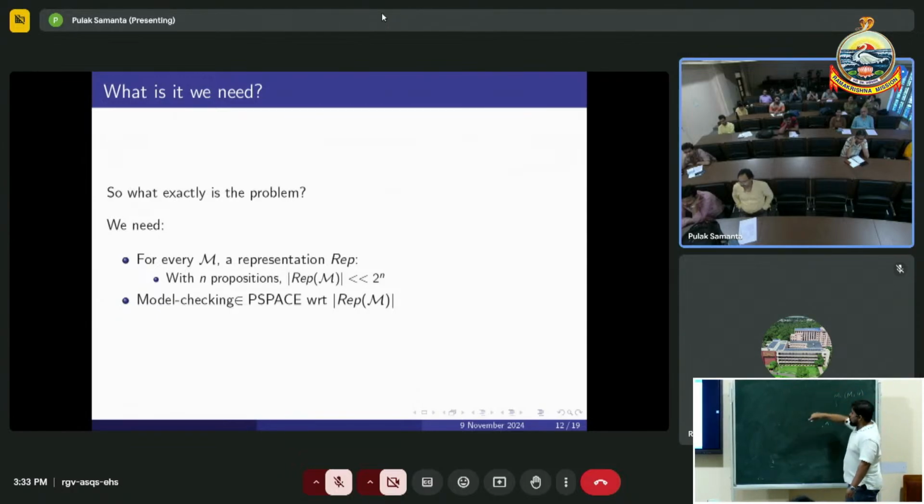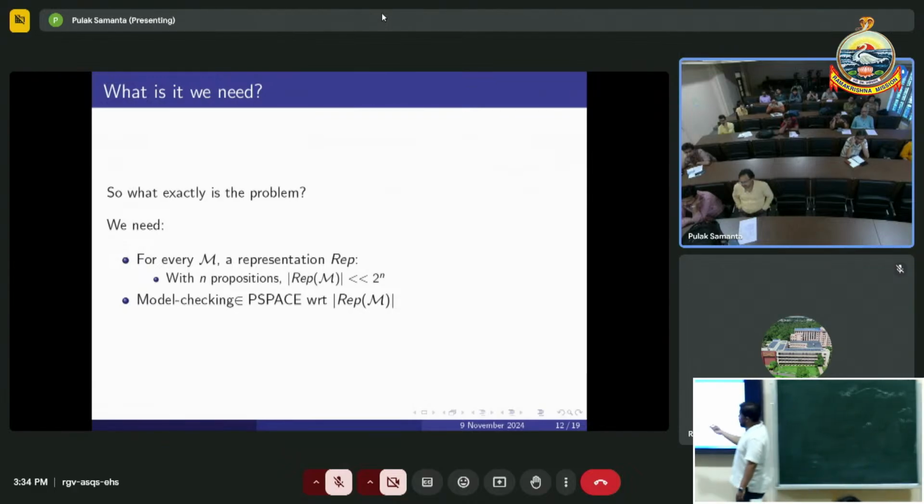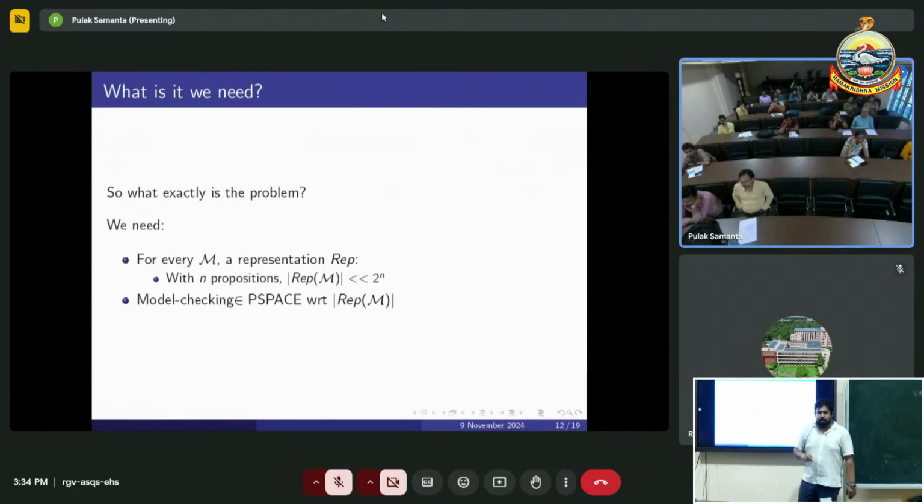Now you cannot say, I have an equivalent representation of M, I turn it into the previous Kripke model and then run it. No, this is not allowed. If you do this, the similar problem occurs again. So you have to come up with a model checking algorithm that is still in PSPACE, but now with respect to the size of the small representation.